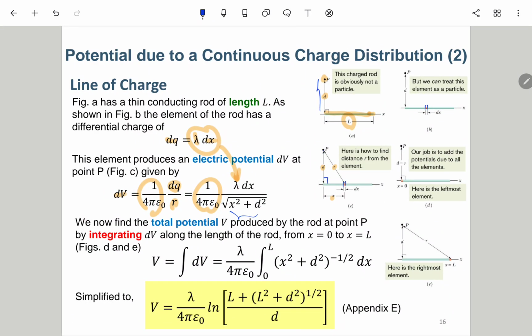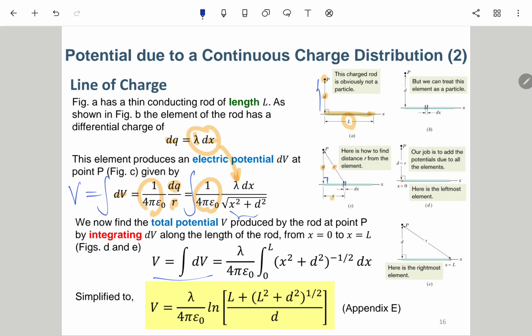Okay, so we can work on this integration. We integrate on both sides, so V will be the integration of dV.